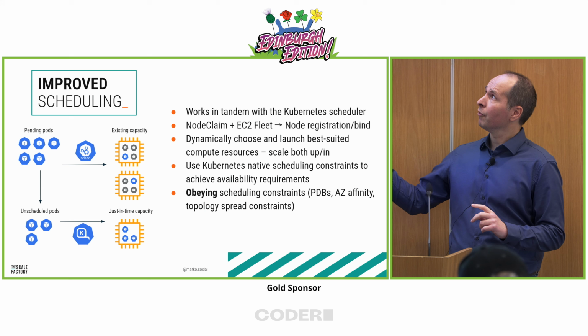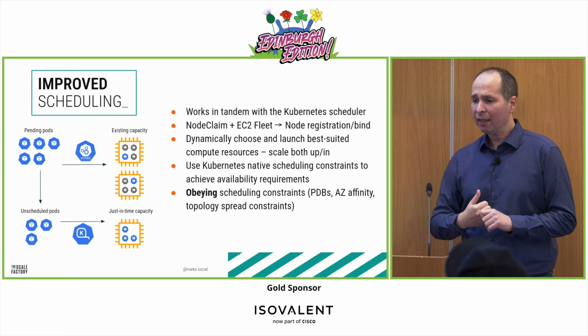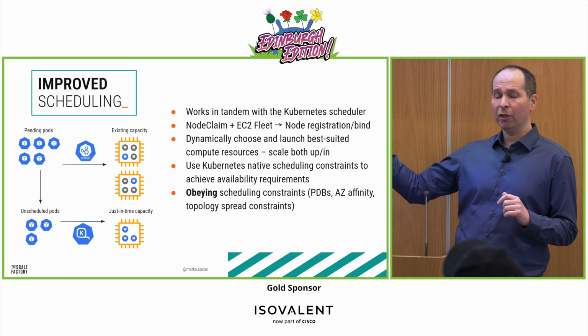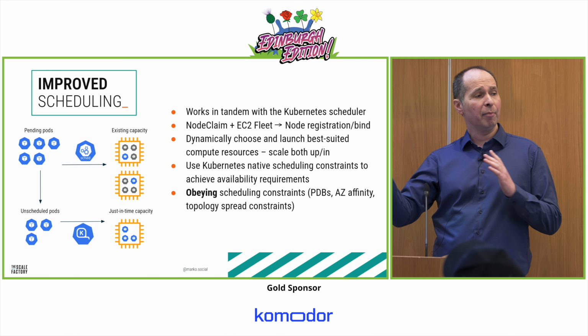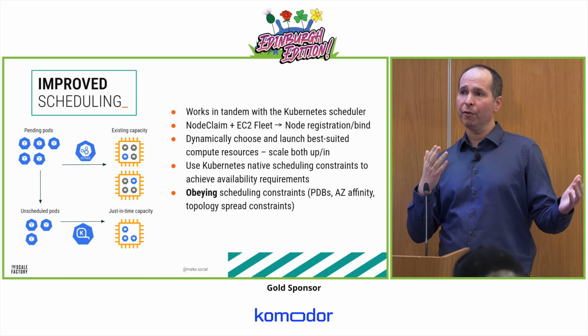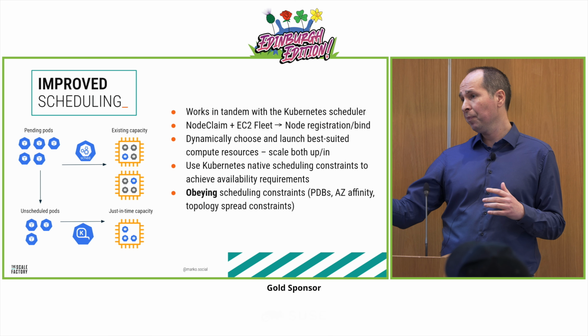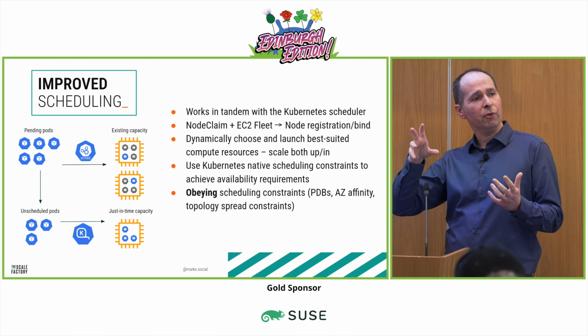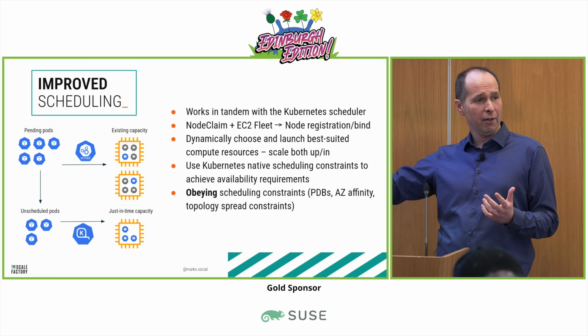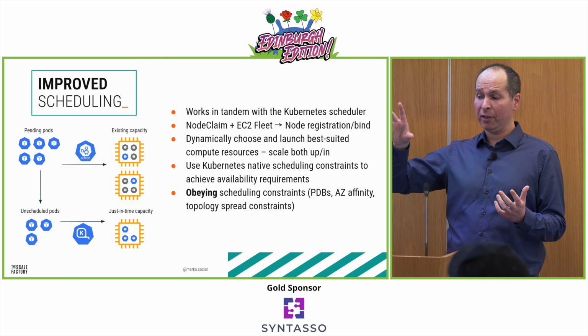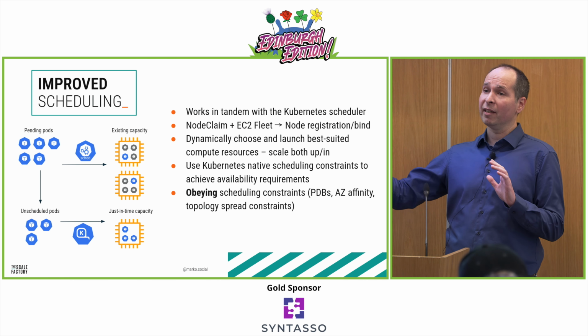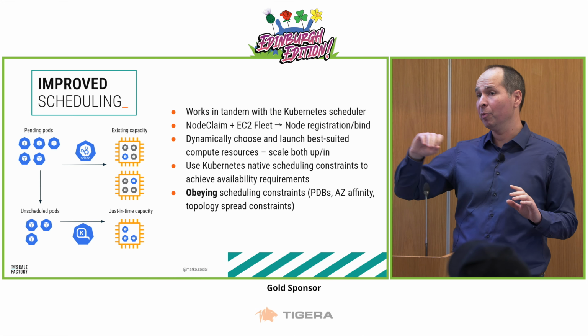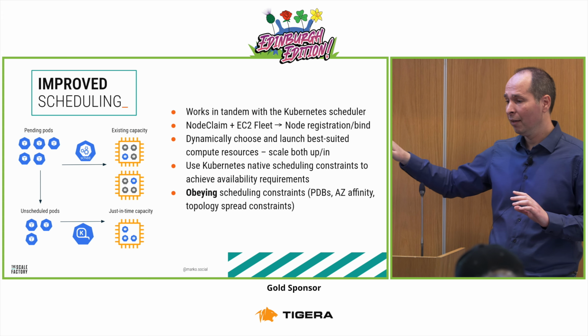If we look at scheduling first, again, it works in tandem with the Kubernetes scheduler. It's not tightly bound to Kubernetes. For example, if you're using something like Cluster Autoscaler, you always have to use the Cluster Autoscaler version matching the version of Kubernetes you're running, whereas Karpenter works independently of the Kubernetes version. It just communicates with the API backend.